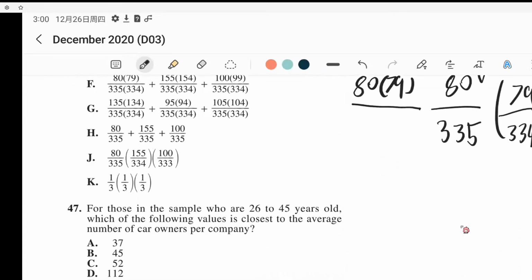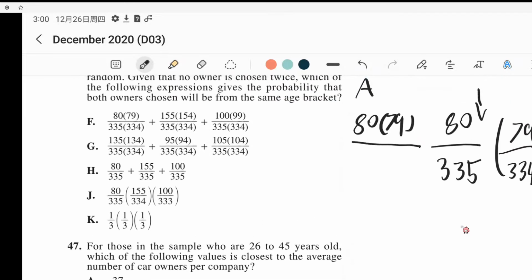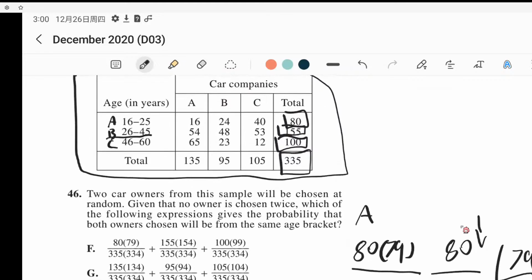47, for those in the sample who are 26 to 45 years old, which of the following values is the closest to the average number of car owners per company? So we consider group B of the age group. We have a total of 155 owners.